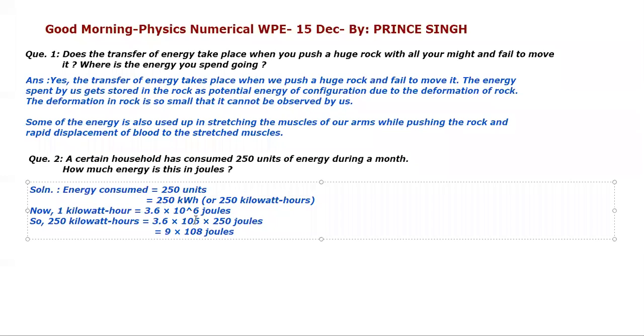So we will multiply this 3.6 into 10 to the power 6 with 250 joules, and we will get the answer as 9 into 10 to the power 8 joules. Okay. Anyone having any doubt?